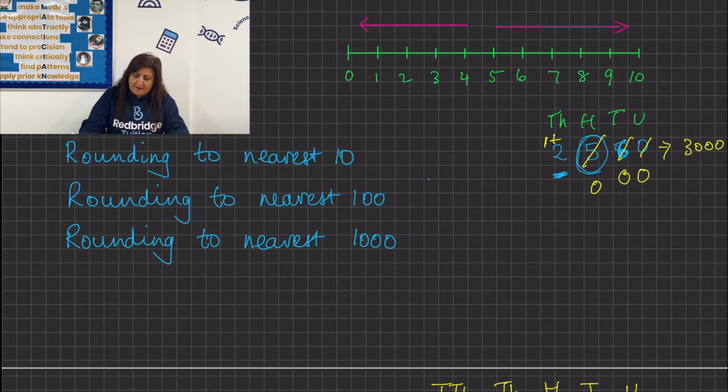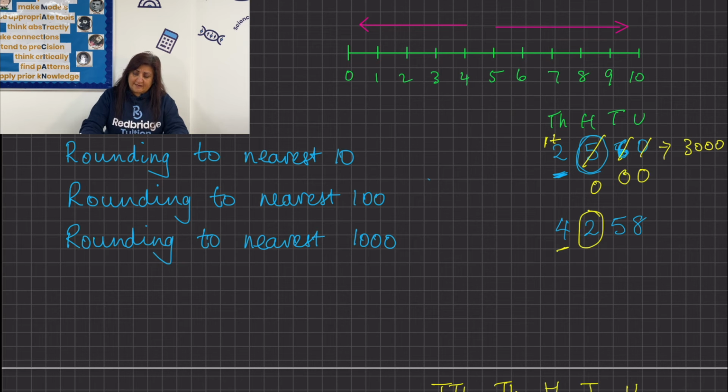Let's try a different number. Let's say we have 4,258. The same principle applies. You go to your thousands column. Remember, we're rounding to the nearest 1,000. We go to the thousands column. We go to the next column along, in this case the 2 in the hundreds column.